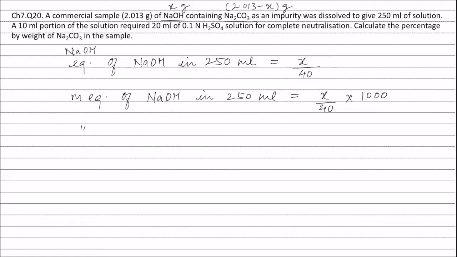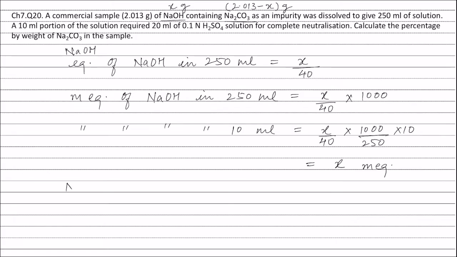Therefore, milli-equivalents of NaOH in 10 milliliters of solution is equal to x by 40 into 1000 divided by 250 into 10, and this is equal to x milli-equivalents.